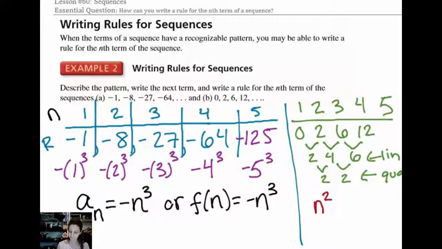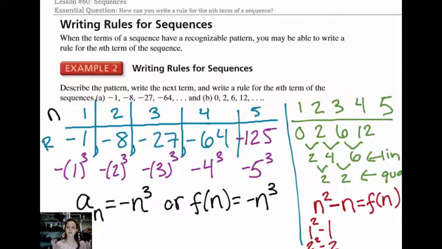This first term, if I do 1 squared, how do I make that 0? 1 squared minus 1 is 0. And then 2 squared is 4 minus 2 is 2. 3 squared minus 3.